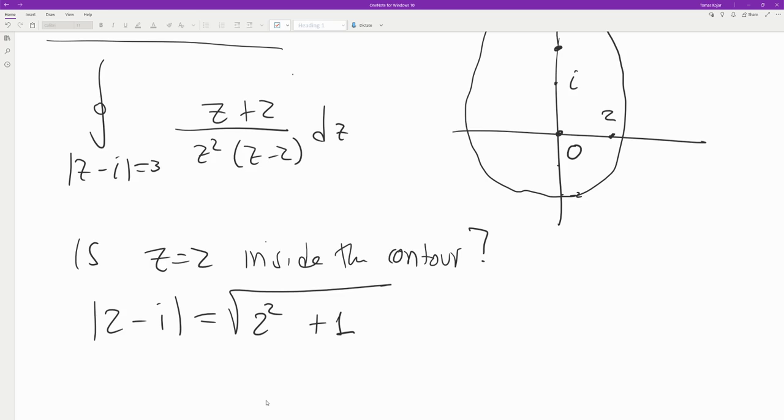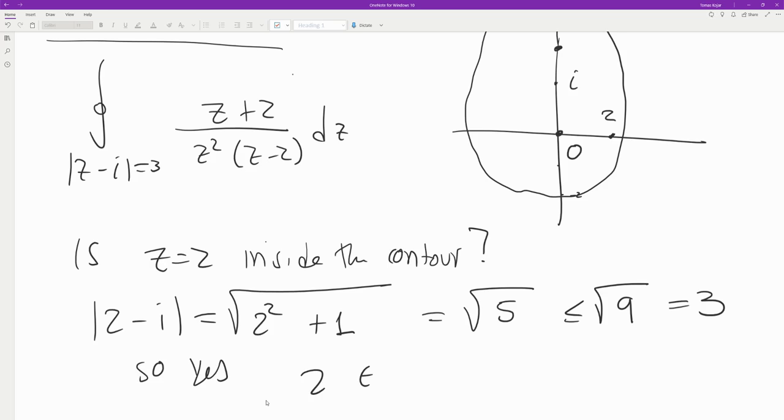And so this is square root 5, which is less than square root 9, which is 3. So yes, 2 is inside the contour.